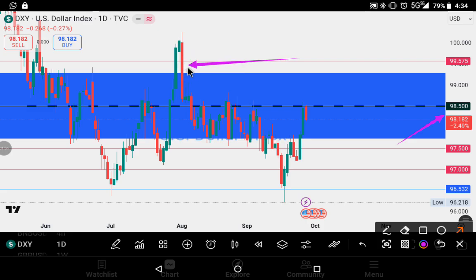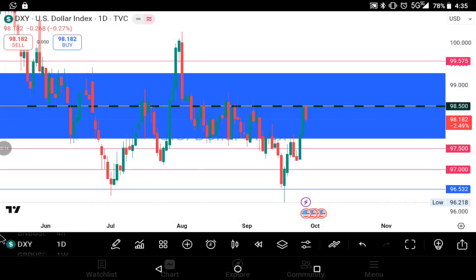This is a sell side imbalance, buy side inefficiency. So we'll be working through 99 big figure. We'll be watching if the market price delivers 99 big figure in the coming week.